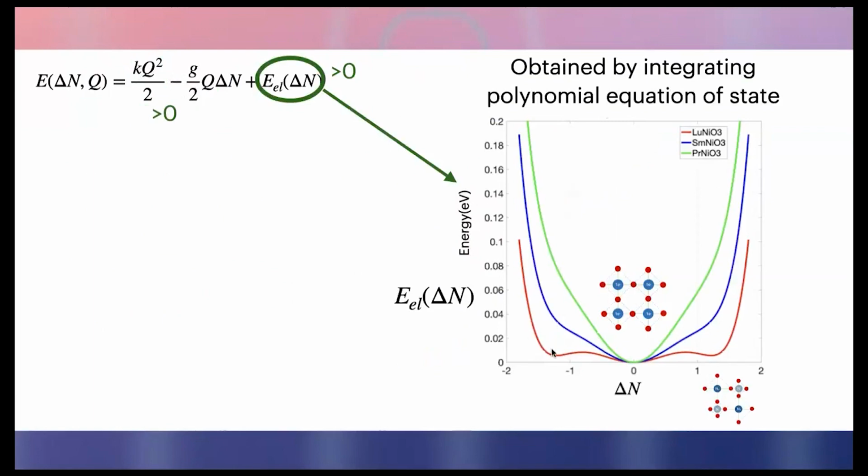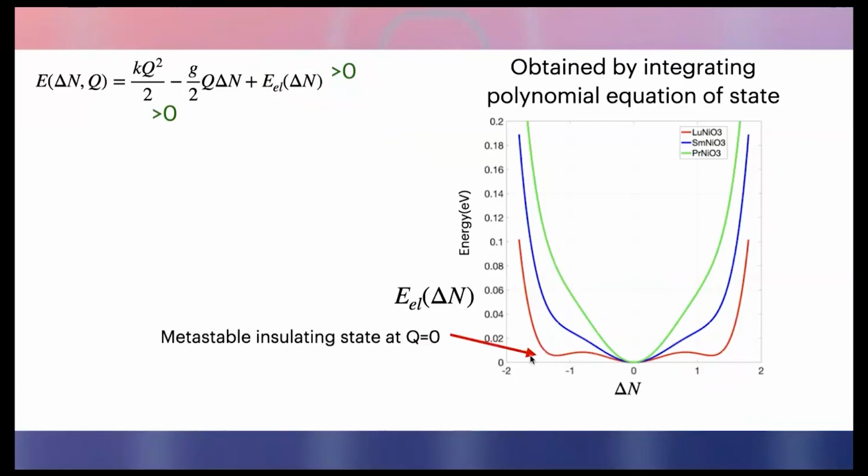So for all the materials we looked at, if you just have the electronic part, which you can also think of as the energy at fixed lattice, but moving the electrons, you always get any disproportionation leads to positive energy. But one of the interesting things, though, is like I was showing you for the lutetium nickelate, you do have metastable insulating states here, even at Q of 0. They're just not the ground state, right?